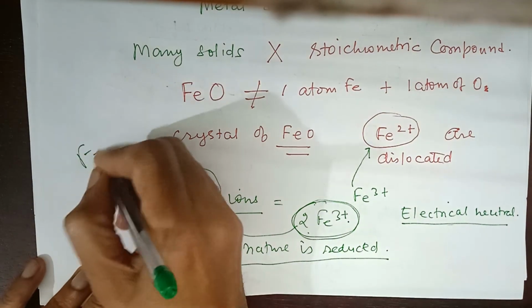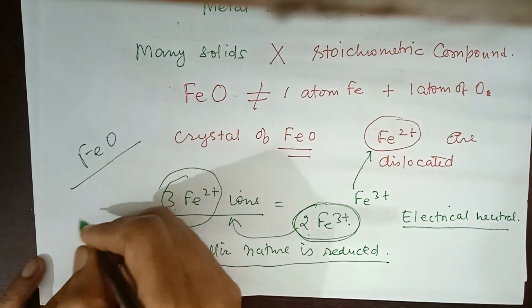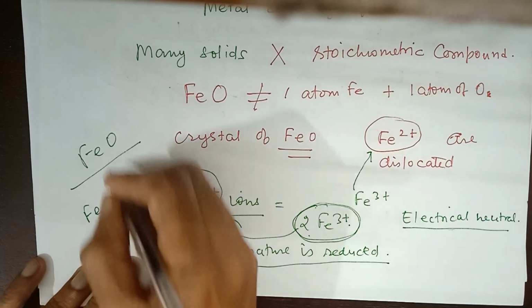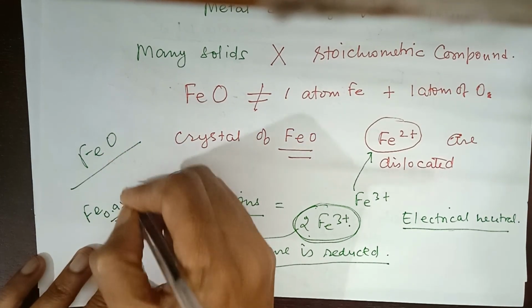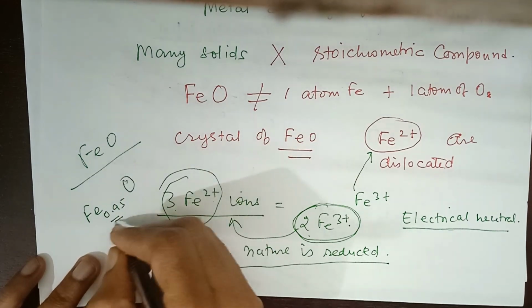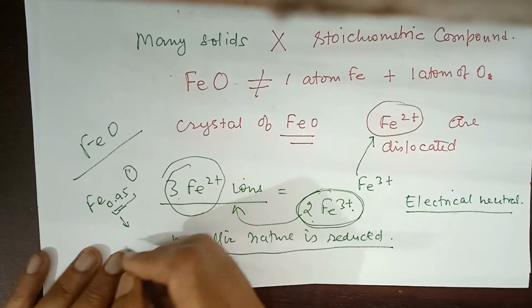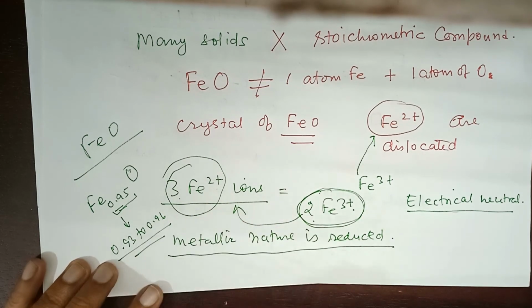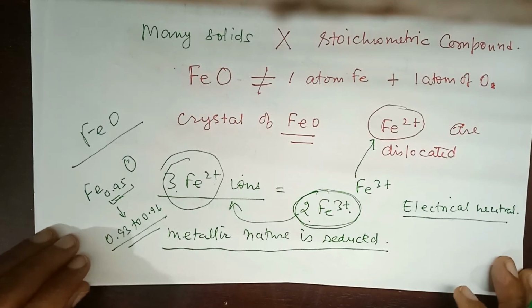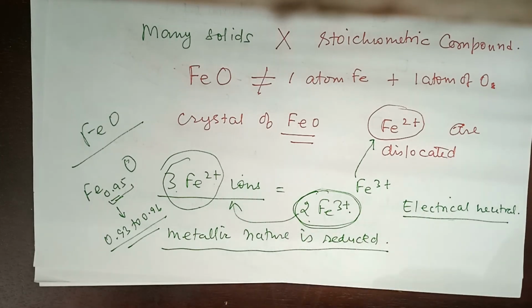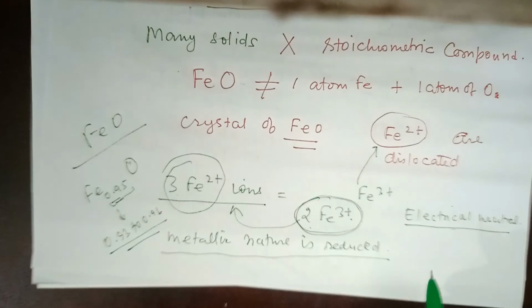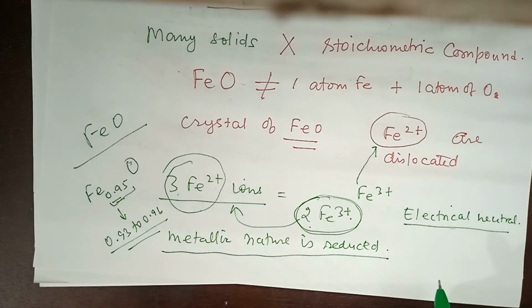See, actually this FeO is Fe0.95 O, not 1. Basically it ranges from 0.93 to 0.96 depending on the number of defects. So this is the case of metal deficiency defect.